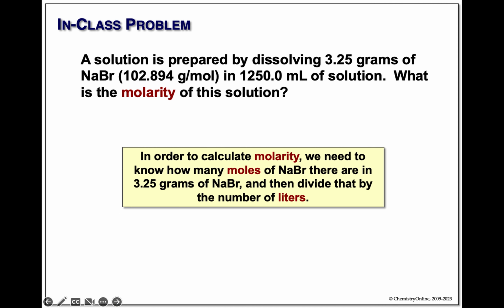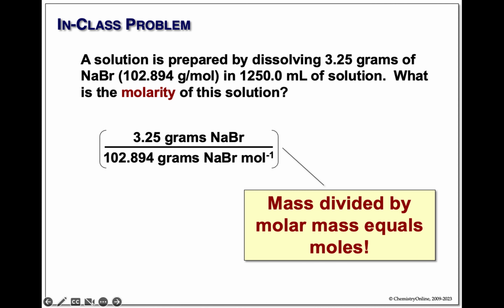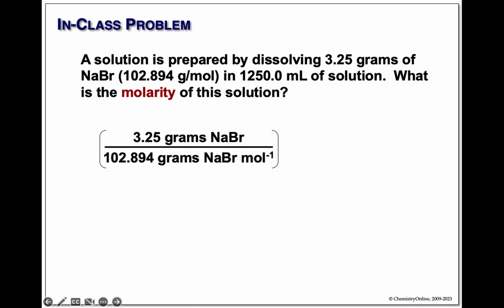So, mass over molar mass is moles, 3.25 over 102. We're going to divide this by the number of liters. Take our milliliters, divide by 1,000, 1.25. As we look at this expression, grams will obviously cancel. We have per mole here, that's mole minus 1, and it's in the denominator. Well, mole to the minus 1 is 1 over mole, isn't it?